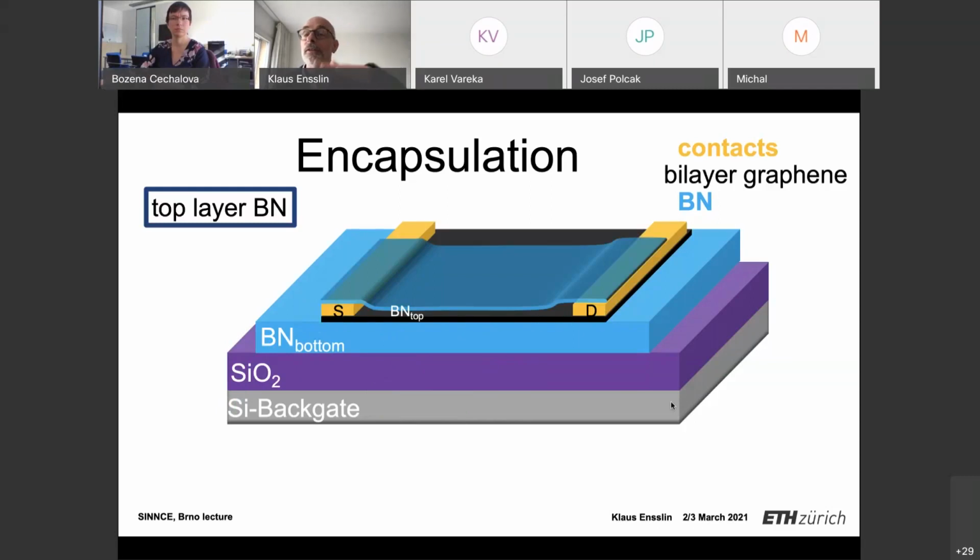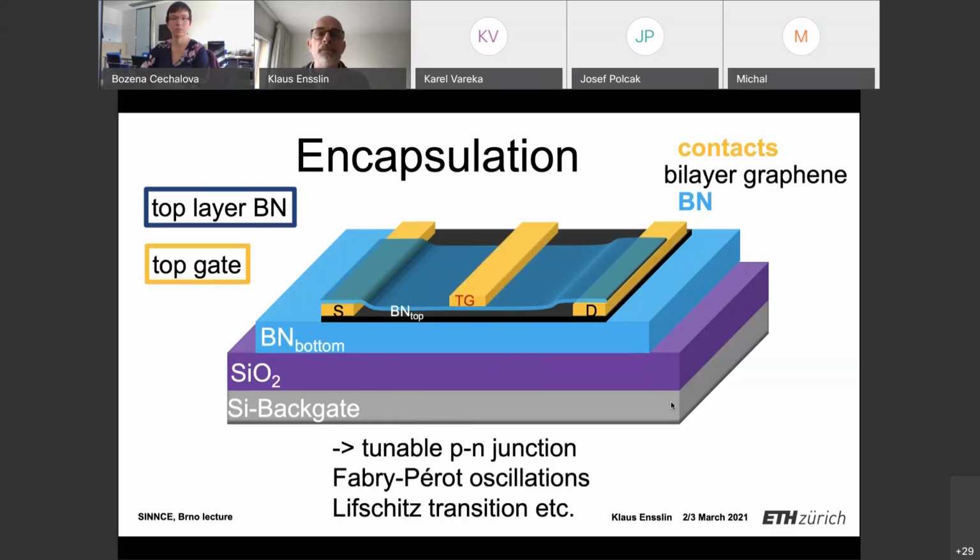Now you cover this with another layer of boron nitride. So the bilayer graphene is encapsulated between two layers of boron nitride. And for example, you place a top gate across this entire device. Now what you can do is you can tune the carrier density in this bilayer graphene by applying a voltage to the back gate.